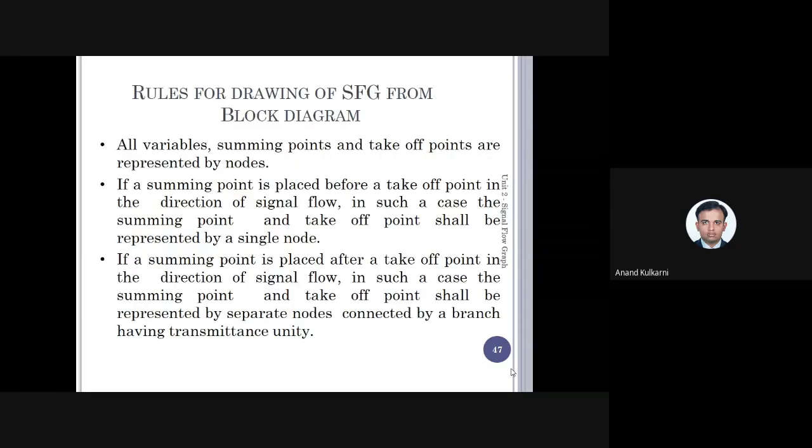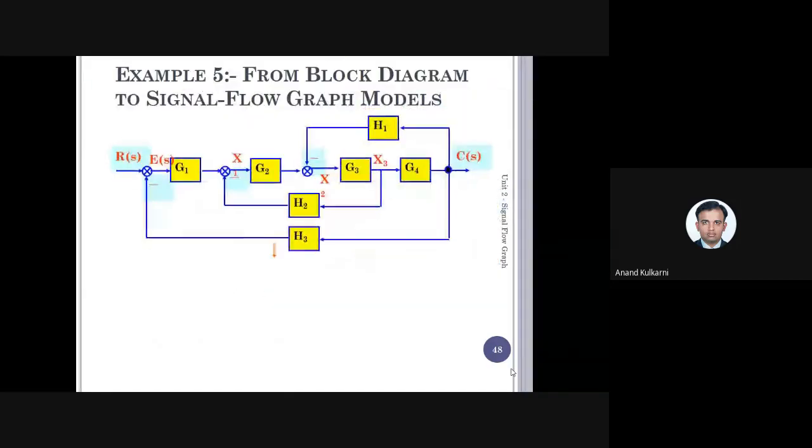There is one more type of problem which is usually asked in the exam. What is that? Given a block diagram, you'll have to convert that block diagram into a signal flow graph. That is one more type of problem. Everybody, just take down this block diagram.